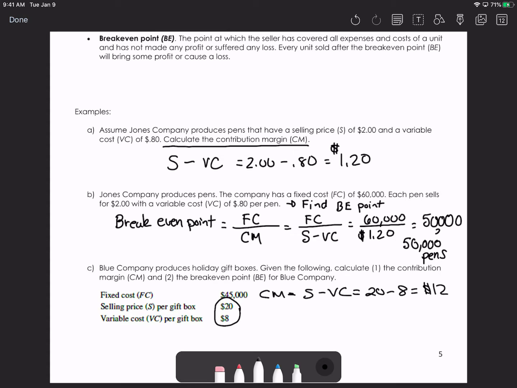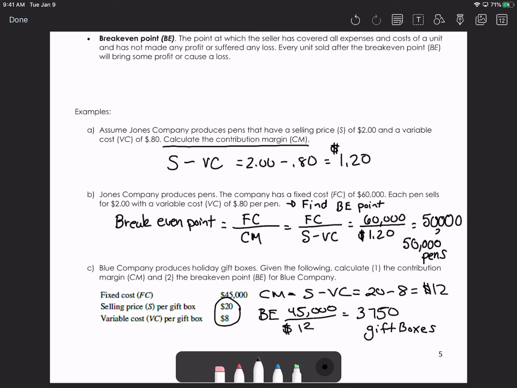So our contribution margin is $12. Now to find the break-even point, we've got to take 45,000 and divide by the contribution margin, which is $12. So when I take 45,000 and divide by 12, that's going to be 3,750.